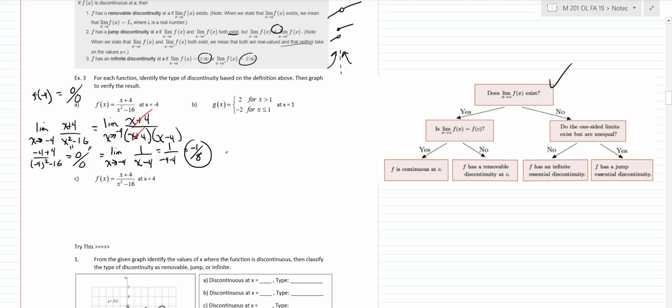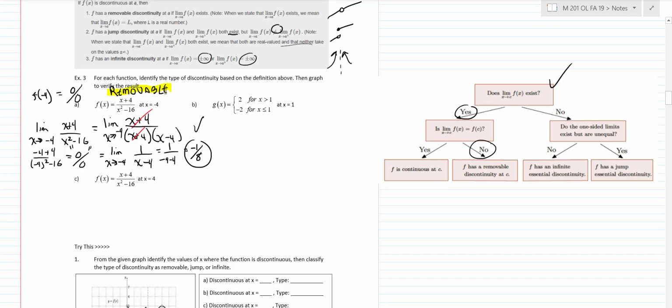Basically what happens here is the value of the limit is not the same as the value of the function. The function's undefined at negative 4, so on this flow chart, that means you're here. The limit existed, yes, but the limit was not the same as the function value. Therefore, what we conclude on this one is this is a removable discontinuity.